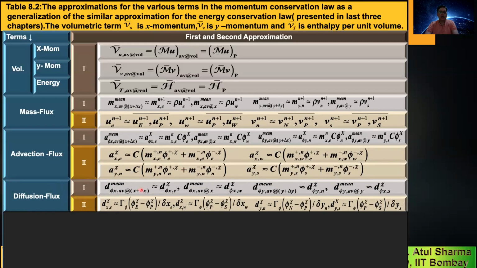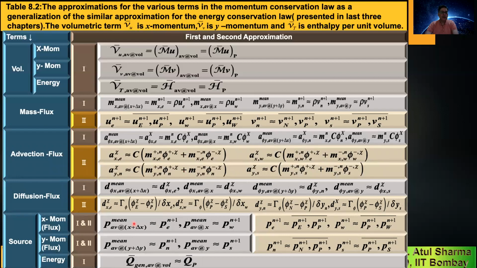The diffusion flux was presented in computational heat conduction, and here it is again expressed in a generic form. This is the source term, where for the pressure, note that when we move from prescribed flow-based computational heat transfer to combined computational fluid dynamics and computational heat transfer, you encounter two fluxes additionally.